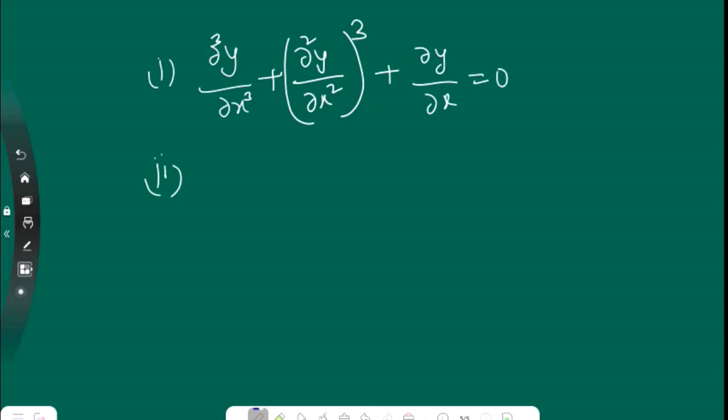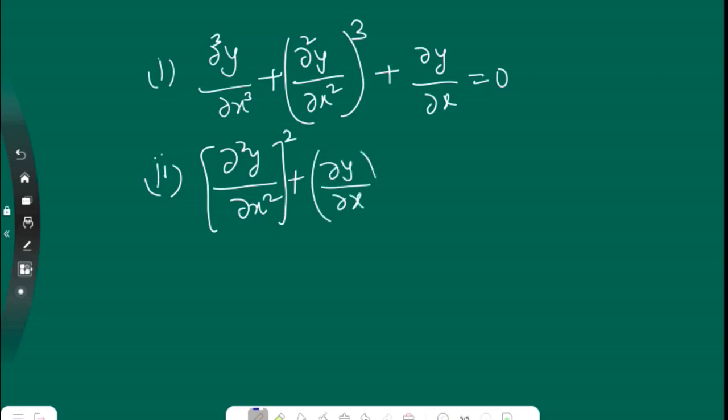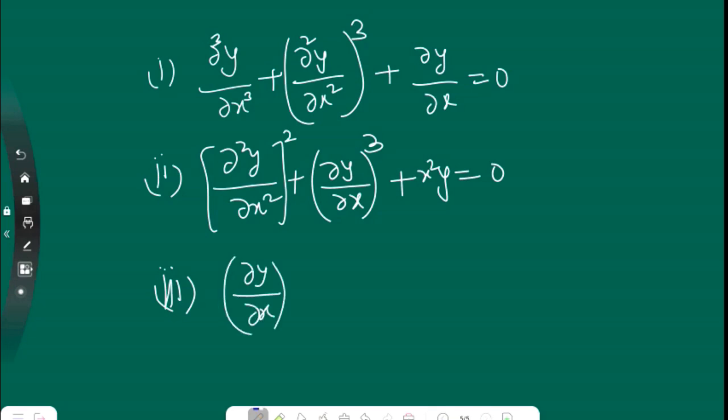Another example is del square y upon del x square, which has power 2, plus del y upon del x, which has power 3, plus x square y equals to 0. And this one is del y upon del x whole square plus del y upon del x.